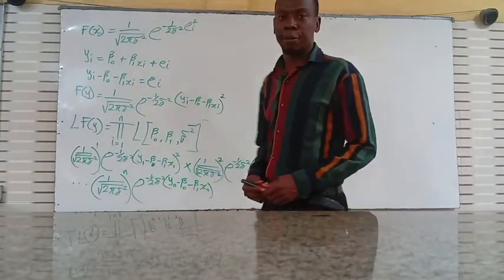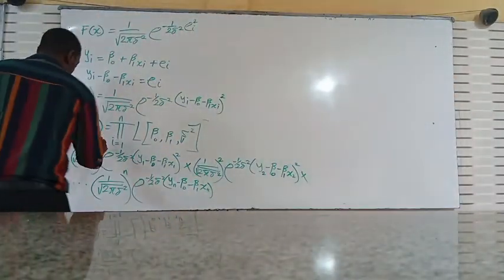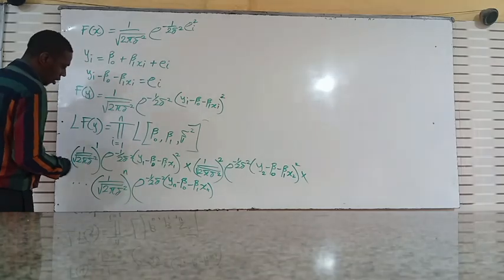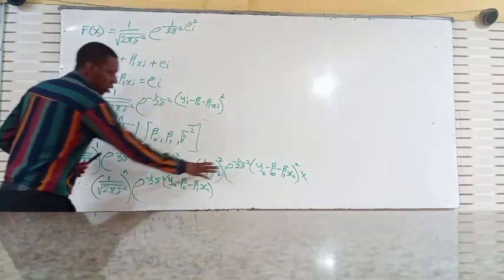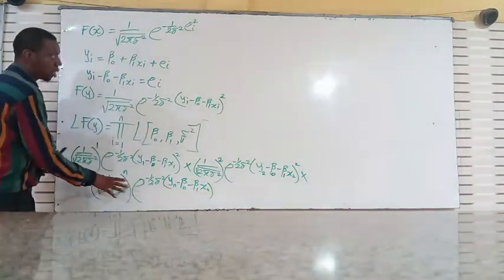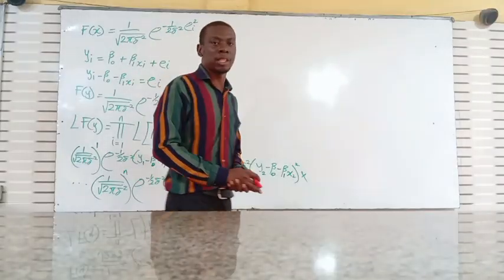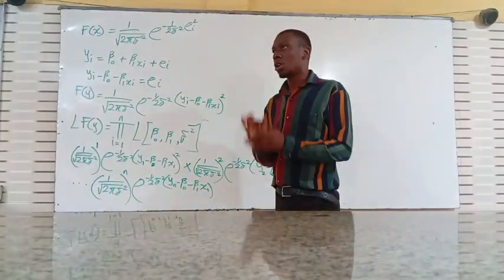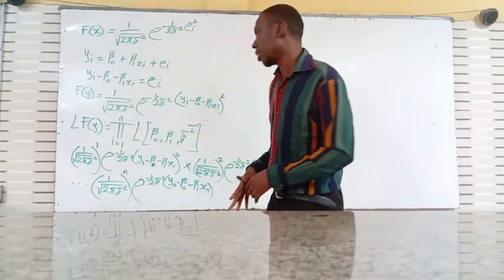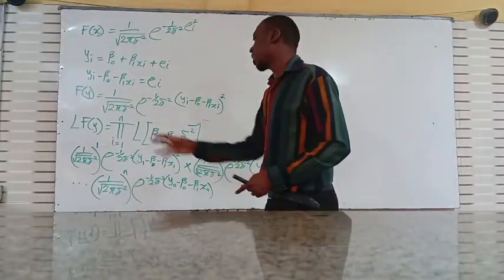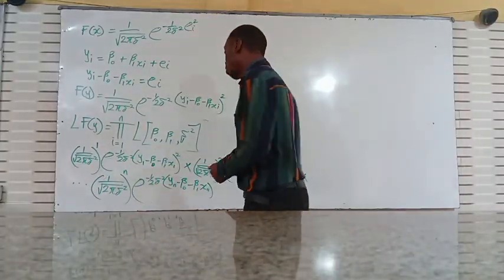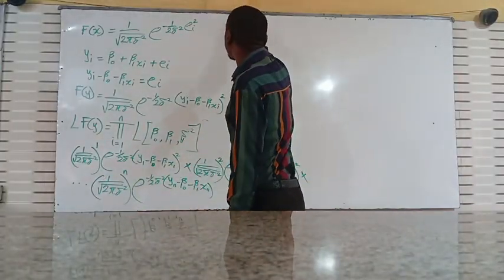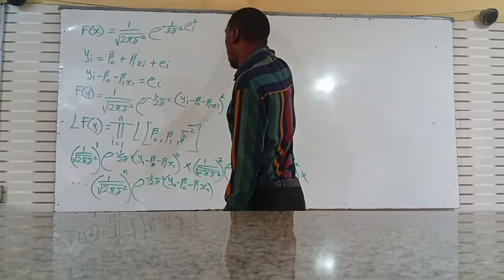Now, looking at what we have, if you bring it together using indices, according to the law of indices, under multiplication, add up their powers. You see that the bases are the same, but we don't know the true value of these powers. So we now assume the sum of the powers.